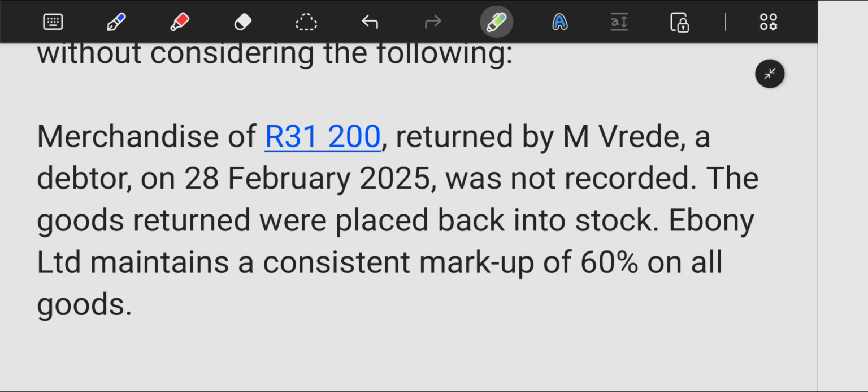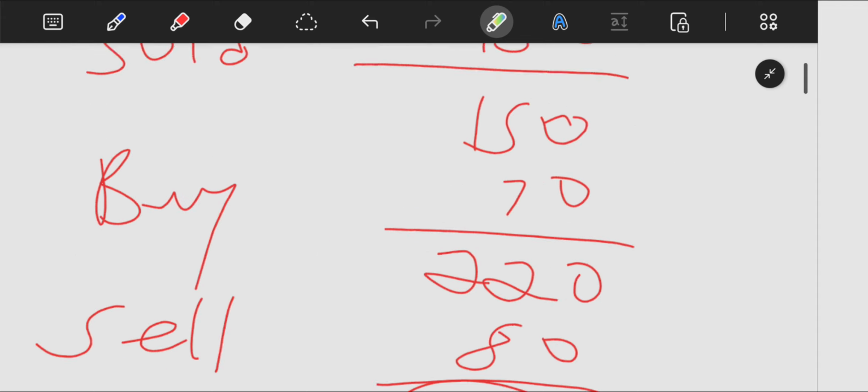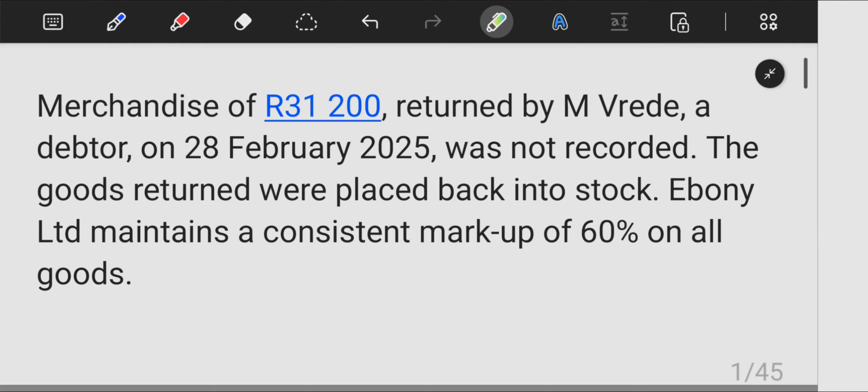Let's now look at what initially happened when we sold this merchandise. We're also going to take into consideration the consistent markup of 60% on all goods. What is markup? Markup means that on top of cost, we add 60% so that we get profit.